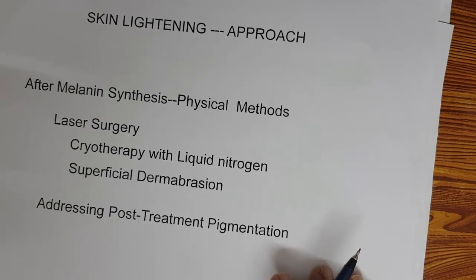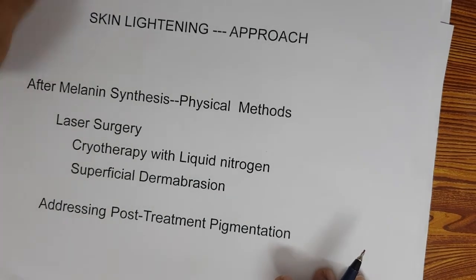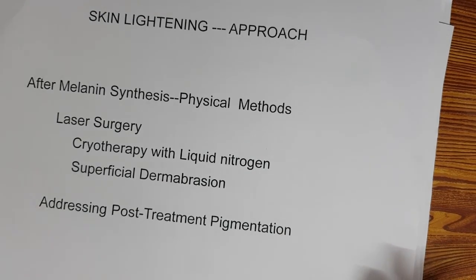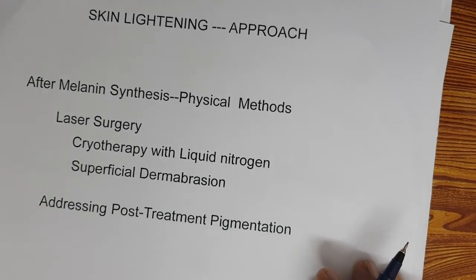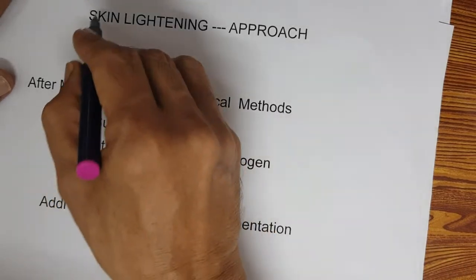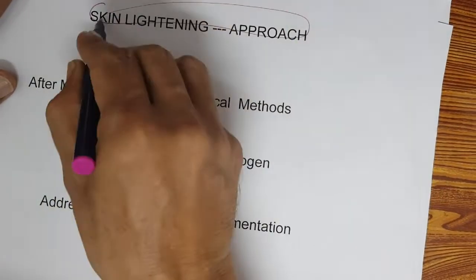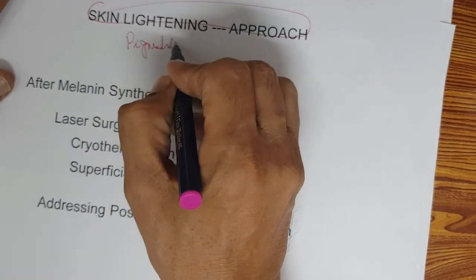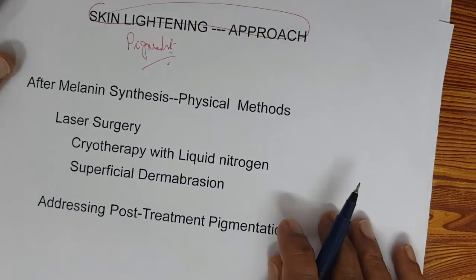I trust I could make this presentation a little simple so that all people can understand. I trust everybody understood, right? So this is what I would like to add on pigmentation.